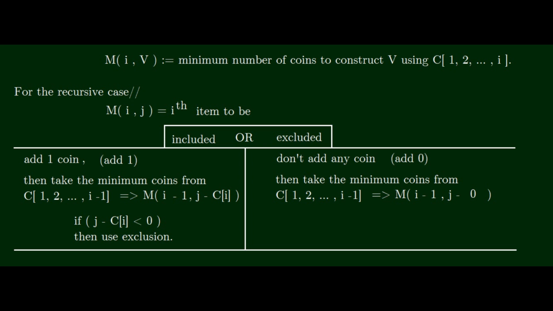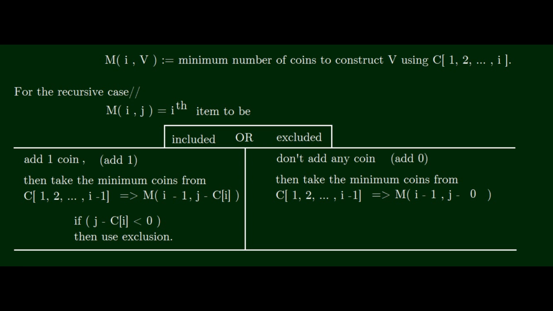So we have to take the solution from C1 to I minus 1. I will describe a different case where we can use it, but for now just focus on this: we can take the solution from the previously solved subproblems.